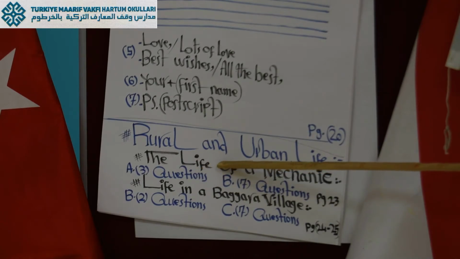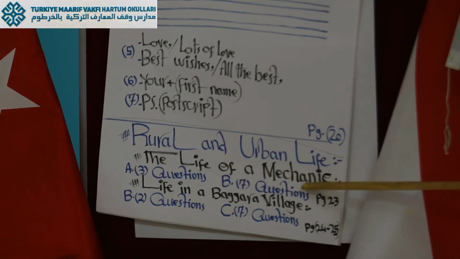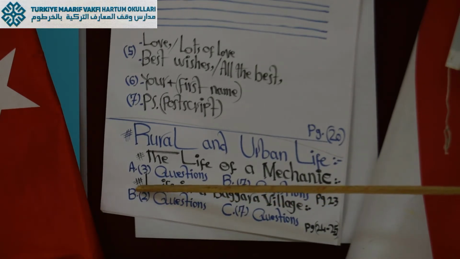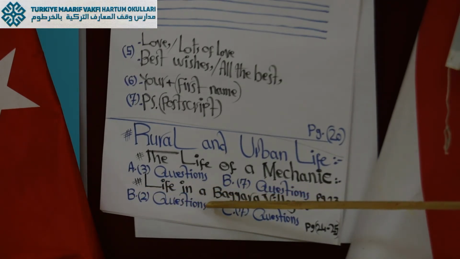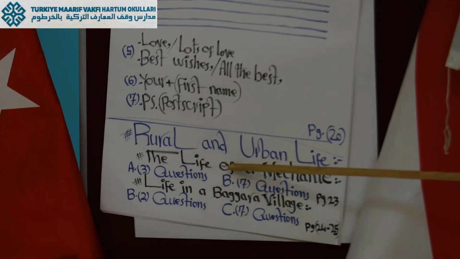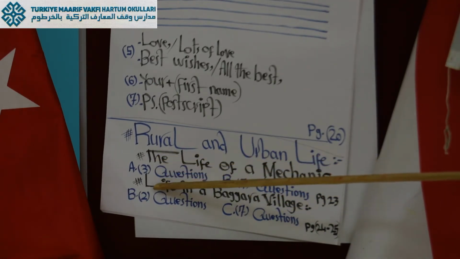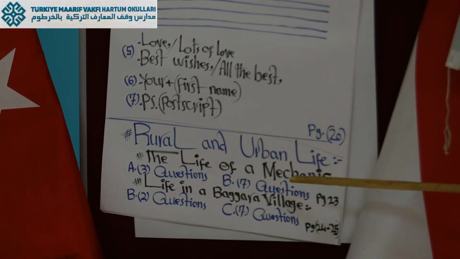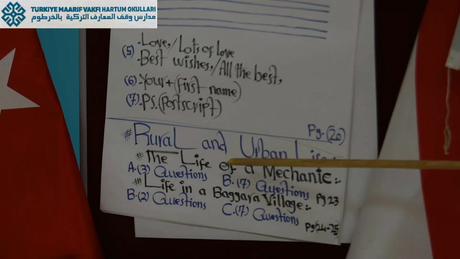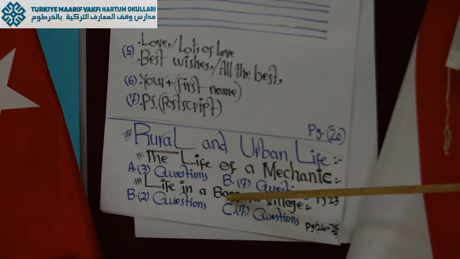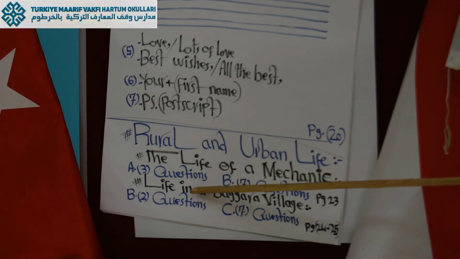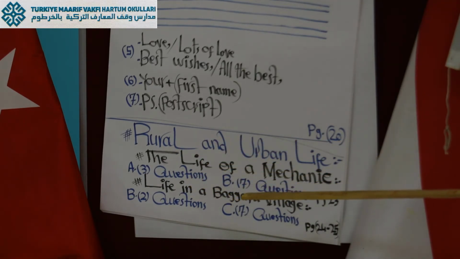One is the life of a mechanic, and in number 2 the other passage is about life in a Bagara village. Let's start with number 1. Both 1 and 2 are titled rural and urban life. Let's compare between 1 and 2. Of course, 1 will be urban and number 2 will be rural.